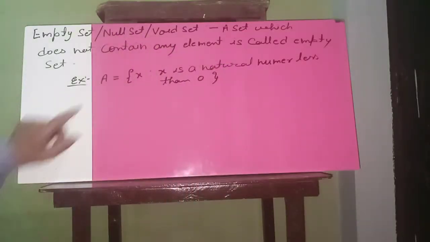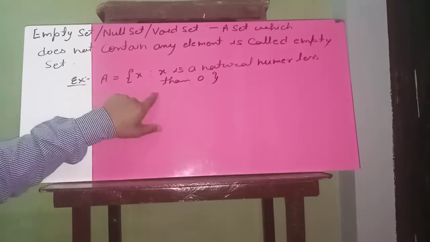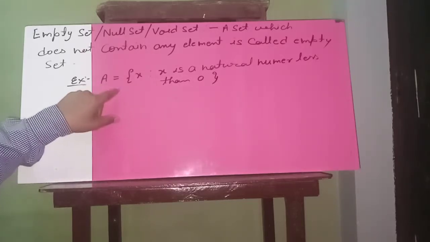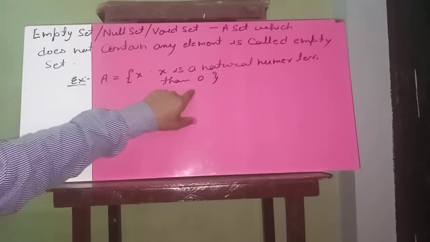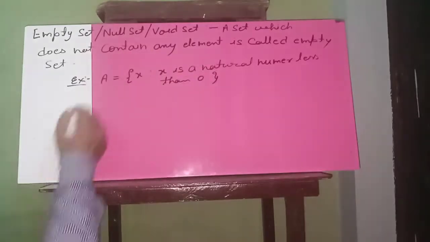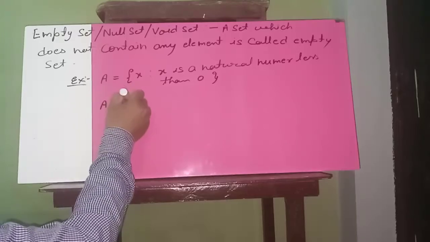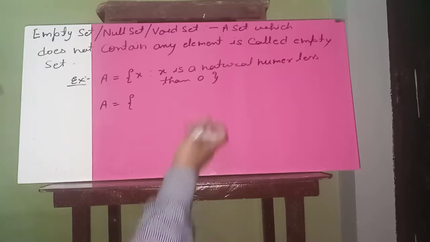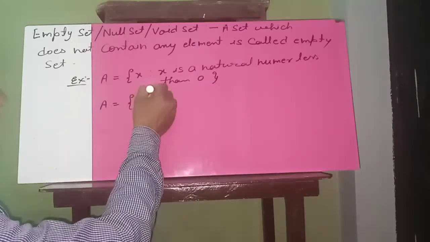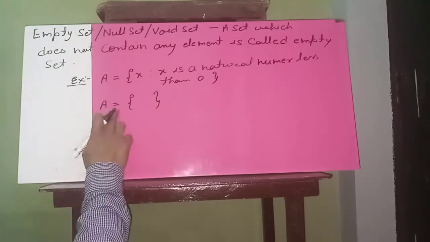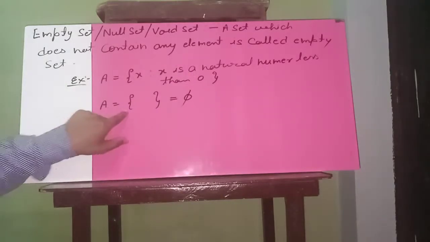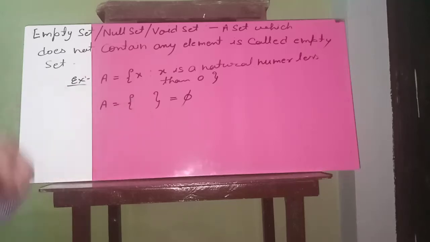That is set builder form. After that I change the set builder form into roster form. So x such that x is a natural number less than 0. If I make it in roster form, you do not have any natural number less than 0, so A equals φ. It means A does not have any element. So that is an example of an empty set.